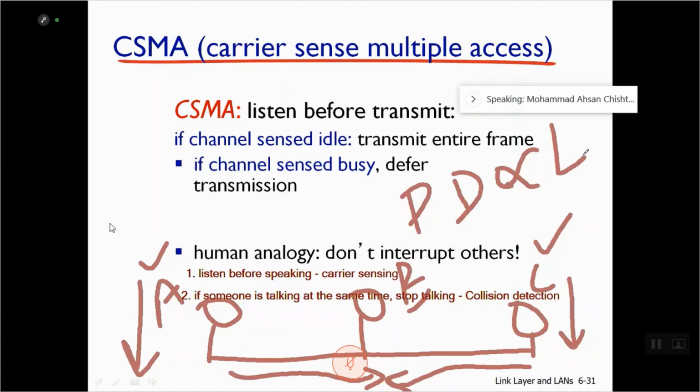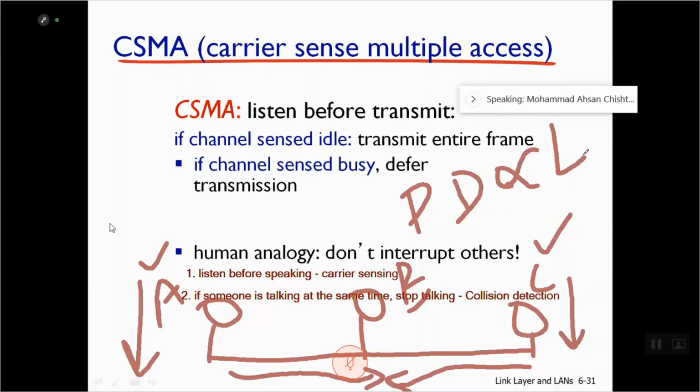The more the nodes A and C are distant from each other, the more time it will take to reach, more time it will take to detect that a collision has occurred. So good answer. Propagation delay comes into play here.